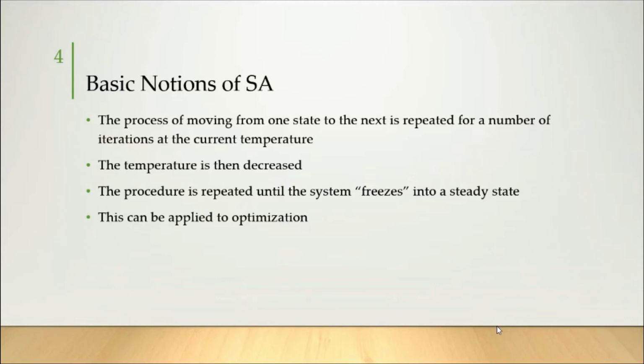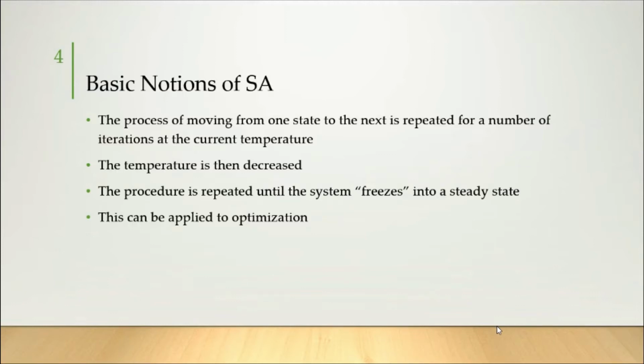That is, we change the solution and check whether it is better than the current one or not. If it is better, then obviously we select it, and if it is a worse solution compared to the previous one, we accept the worse solution depending on a specific probability.